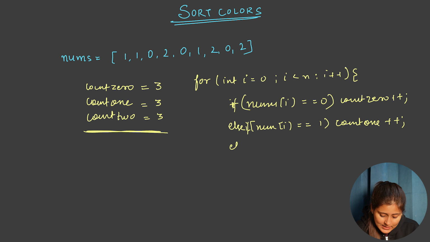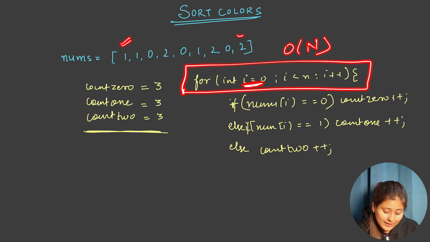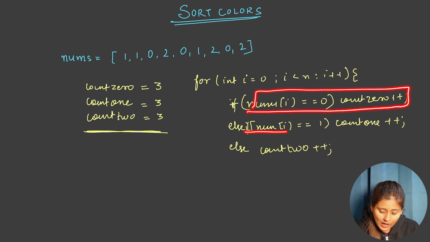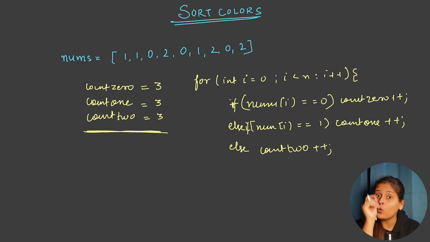And else, count2 plus plus. This for loop runs once, which will take O of n time complexity, because i runs from the 0th position to n minus 1. In the same pass we calculate how many zeros, how many ones and how many 2's there are. So one for loop we run to count.